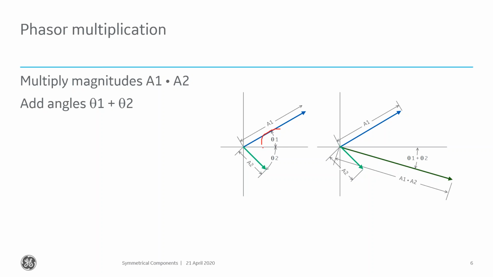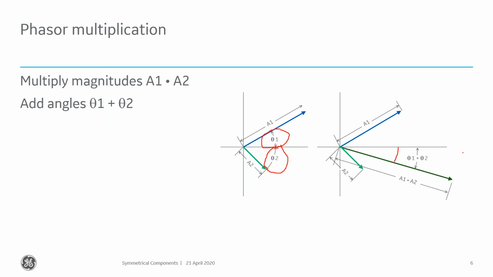So if angle 1 here is positive 30 degrees, and angle 2 here is minus 60 degrees, my resultant waveform here ought to be at minus 30 degrees, because the sum of minus 60 and plus 30 is minus 30 degrees.